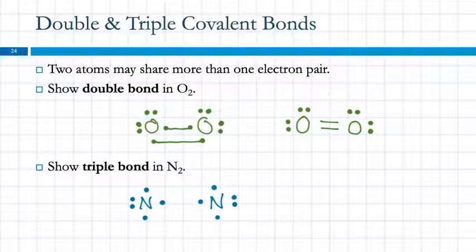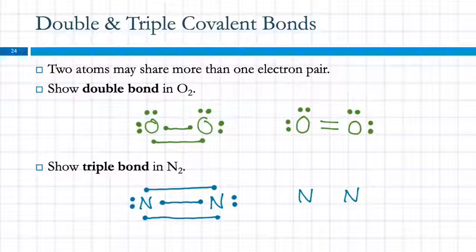Well, they could share an electron here, and then they could share another electron with each other, and a third electron with each other. And now there are 6 shared electrons, and then each has 2 non-bonding electrons. So we would draw that as the 2 element symbols with a triple line representing a triple bond, and then the lone pairs.